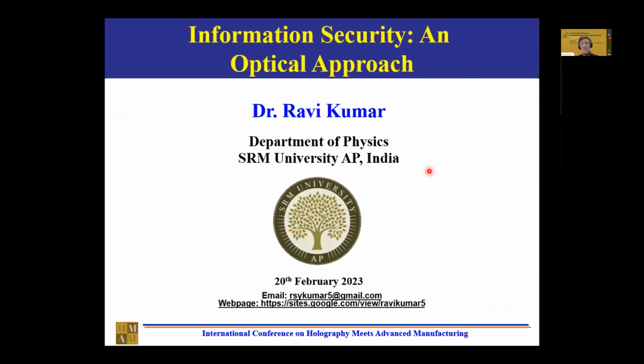Professor Ravi Kumar is an assistant professor at the Department of Physics, SRM University AP in India. He received his PhD degree in physics from IIT Ahmedabad in June 2018. Before joining SRM AP, he was a postdoctoral research fellow at the Electro-Optics Laboratory, Ben Gurion University of the Negev, Israel.